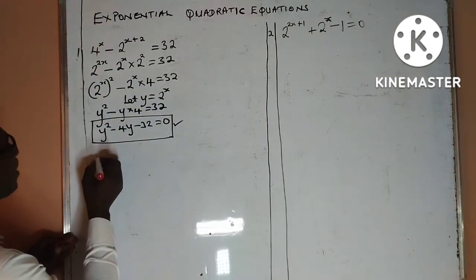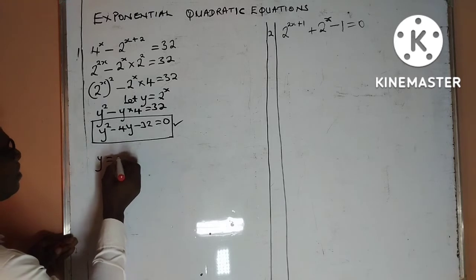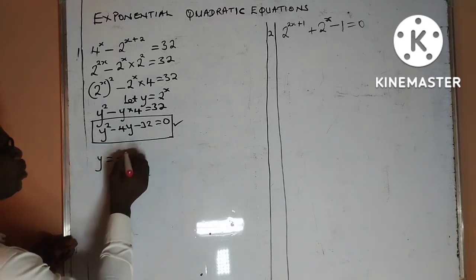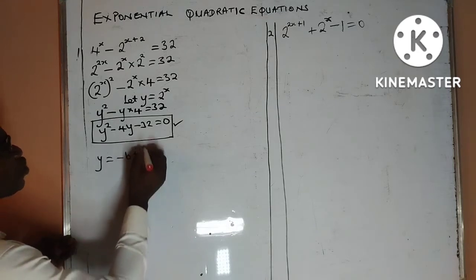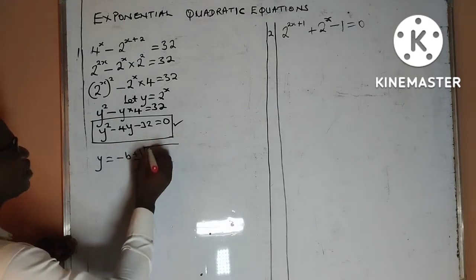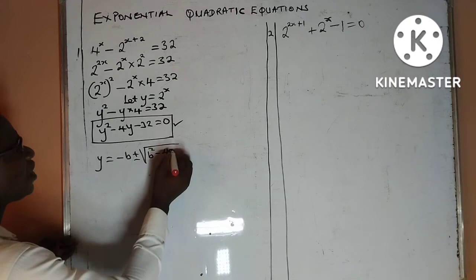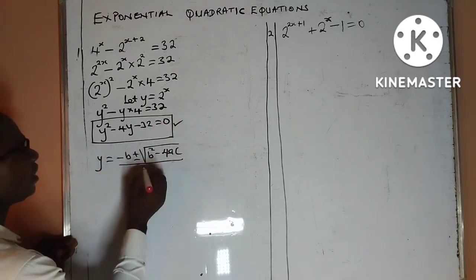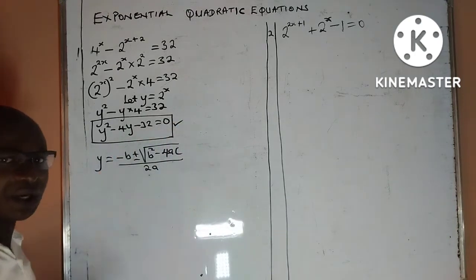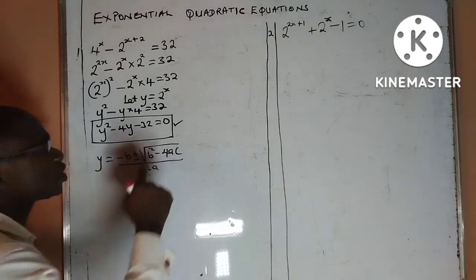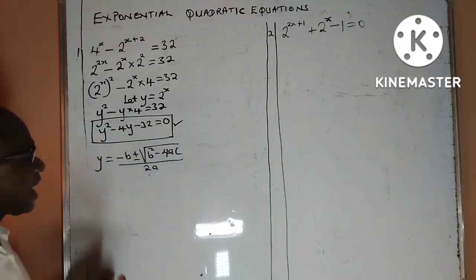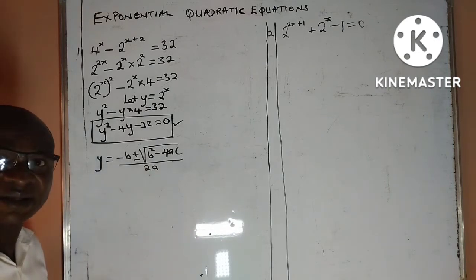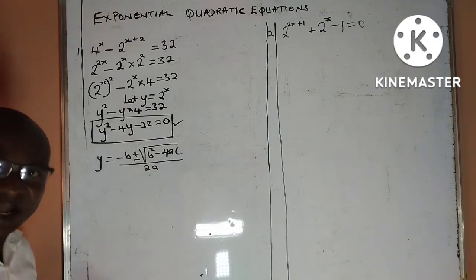Now, I will write the quadratic formula as y equal to minus b plus or minus the square root of b squared minus 4ac, everything all over 2a. What I have written is called quadratic formula. Now, in this quadratic formula, I have letters a, b, and c.